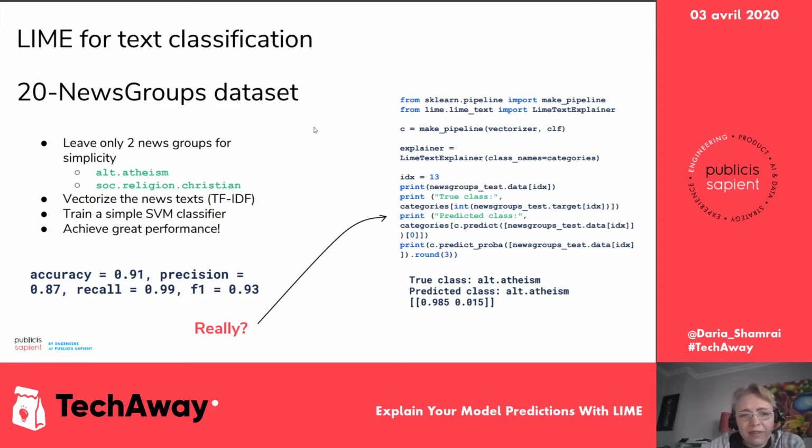For the pre-processing, I do only one simple thing. I vectorize the texts using TF-IDF. And then I just take a default simple SVM classifier, and hooray, as a beginner data scientist, you would be absolutely excited to observe, okay, your accuracy is 91%, super precision, recall 99%, F1 altogether 93%.